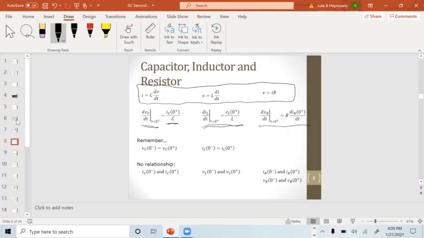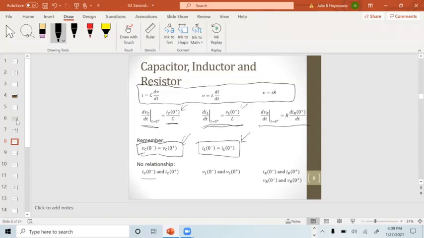Things that will help you: you can get these 0 plus values, or some of them, by realizing a capacitor cannot change its voltage instantaneously. So if I draw that 0 minus circuit, I know vC of 0 plus. And from the 0 minus circuit, I can also get iL of 0 plus.